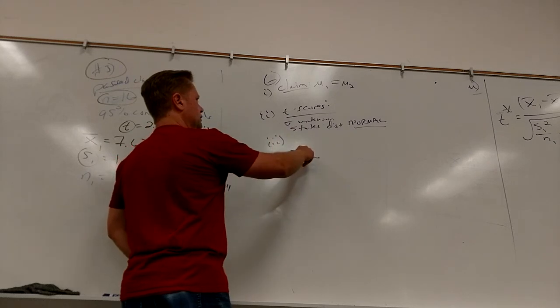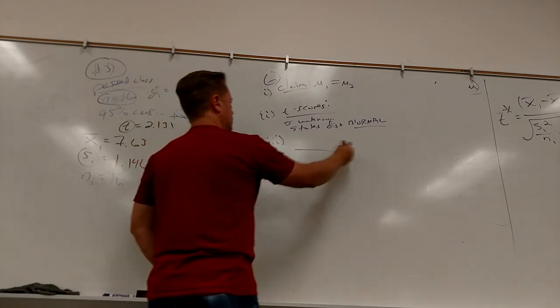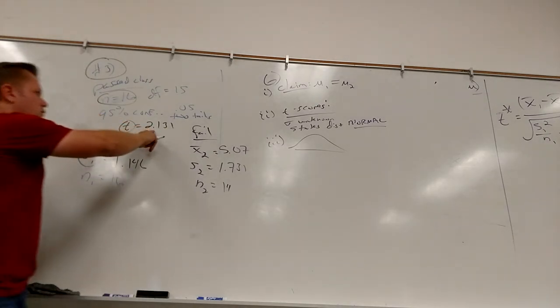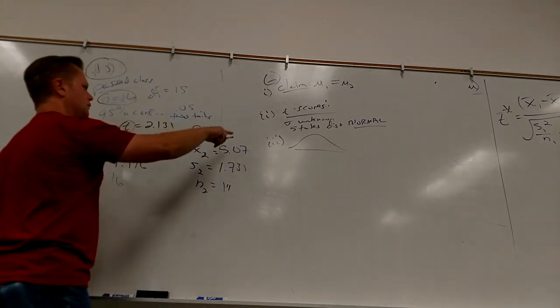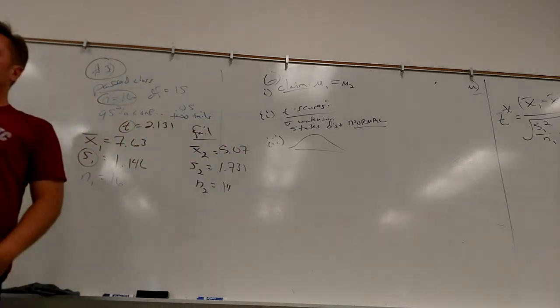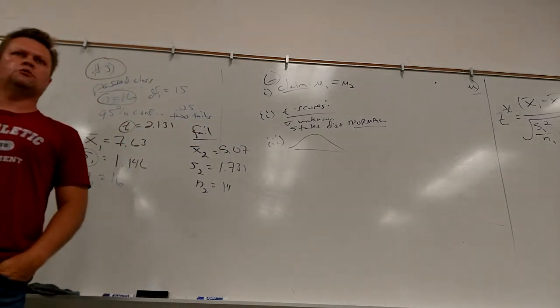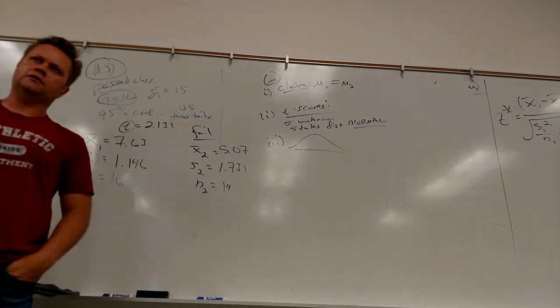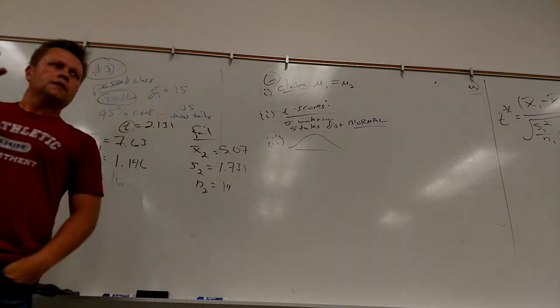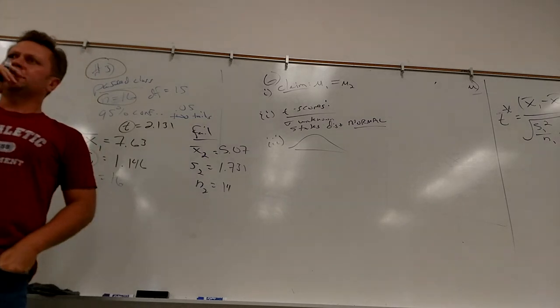Third step would be what's the rejection region. You actually use the same T-score we used over here, which was 2.131. Or actually, it's the other one. This one had the smaller. So remember, when I have 2 samples from 2 populations, how do I tell what my degrees of freedom is going to be? I base it on the smaller one, right?